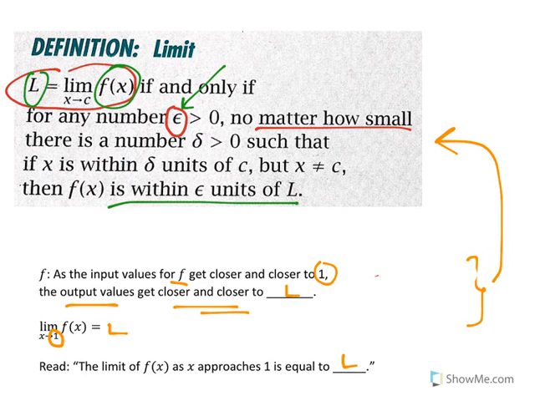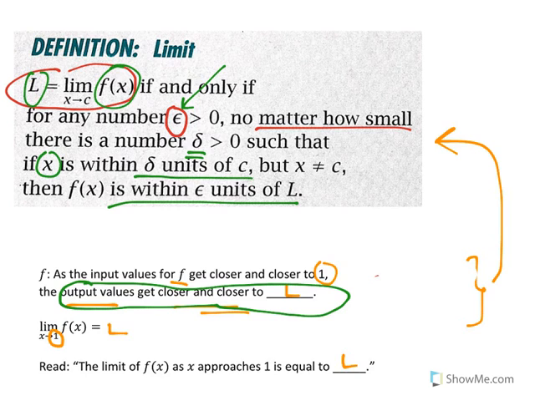In other words, you can make the output values be as close as you would like to the limit just by making sure that the input values are close enough to c. So if for any epsilon greater than 0, you're able to find a delta value greater than 0, such that if the input values are within delta units of c, but not equal to c, then the output values will be within epsilon units of L.